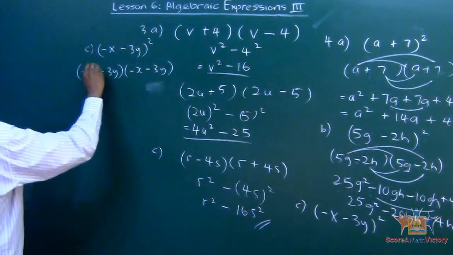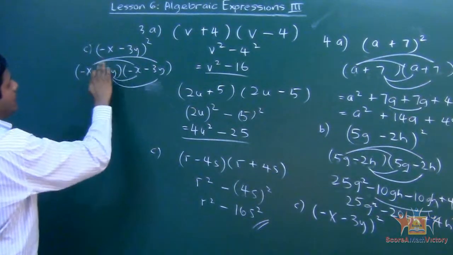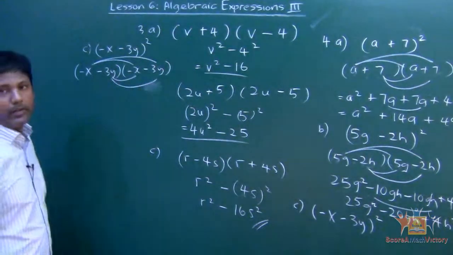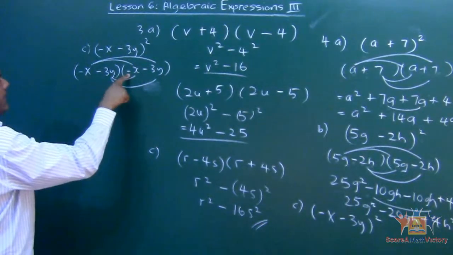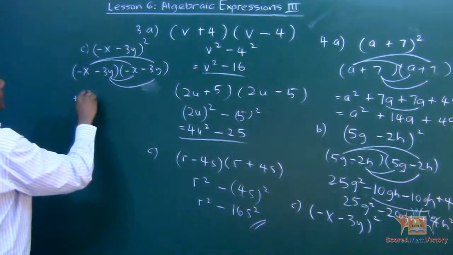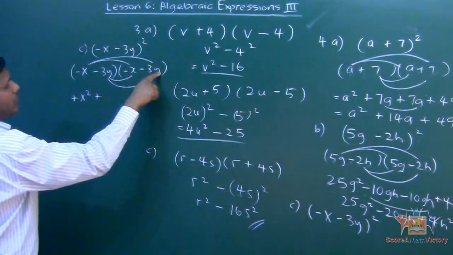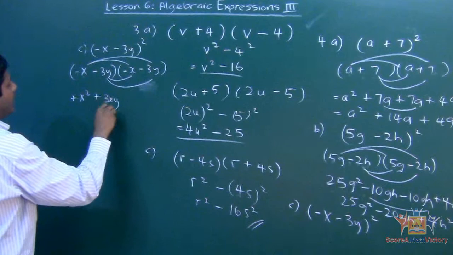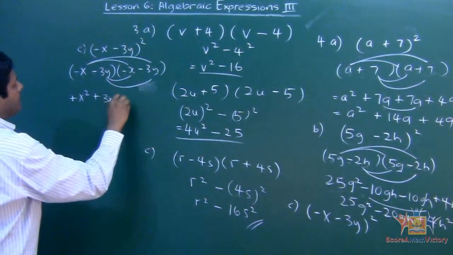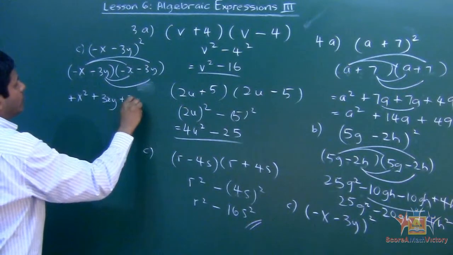We use the shooting arrow method here. Make sure you do the top and the bottom. Negative and negative become positive: x times x, x squared. Negative and negative, positive: x times 3y, 3xy. Negative and negative, positive: 3y times x, 3xy.